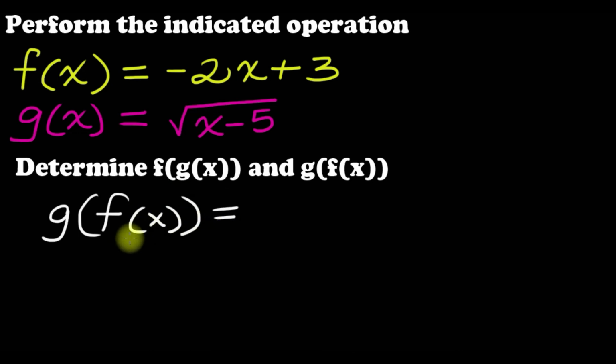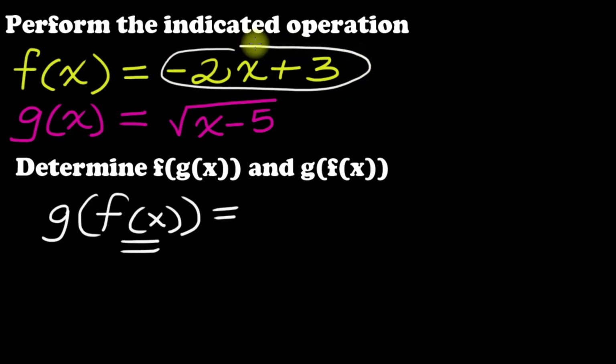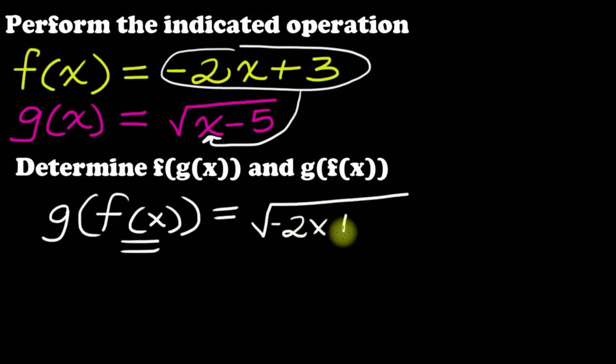Now this one, you're going to plug in f of x, because f of x is the x of g of x. So you're going to take f of x, which is this right here, negative 2x plus 3, and plug that into this x right here. So you're going to plug in negative 2x plus 3 and then take away 5.